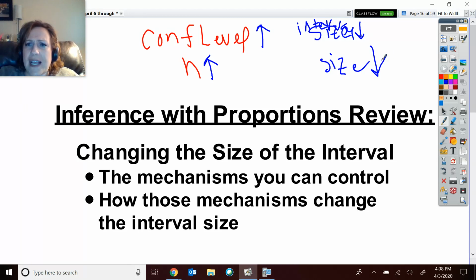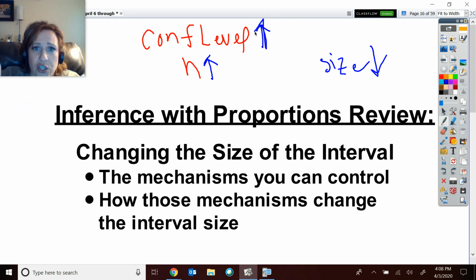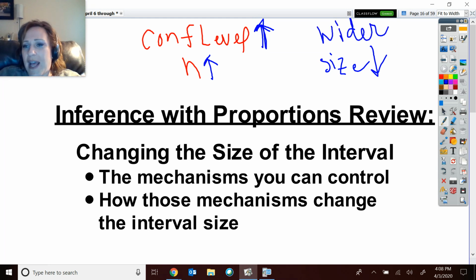Okay, I said this wrong a moment ago. Hold on. I said this wrong, didn't I? If your confidence is getting bigger, 90%, 95%, 99%, as confidence goes up, your interval is getting wider. There we go. I like that language better.